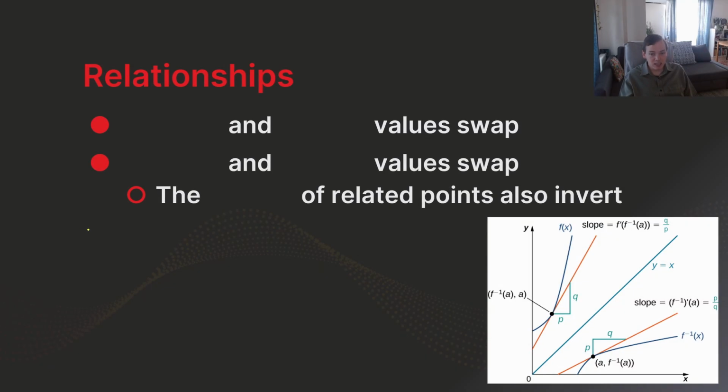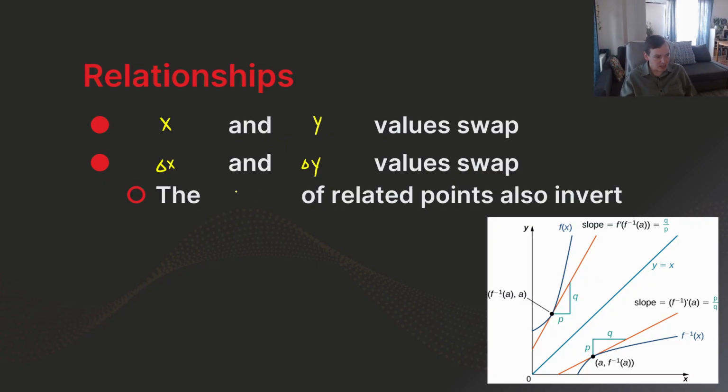Okay, the key relationships that we want to note that I talked about on that previous slide is that the x and the y values swap between the function and the inverse function. This also means that the change in x, or the delta x, and the delta y values swap between two corresponding points. So they're not the same, but if I swap my x and y values, then the delta x and delta y between two corresponding points also swap.